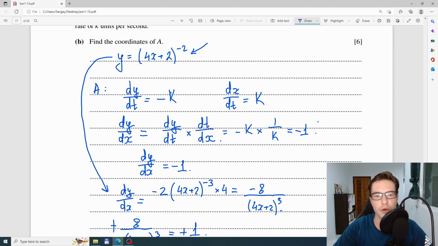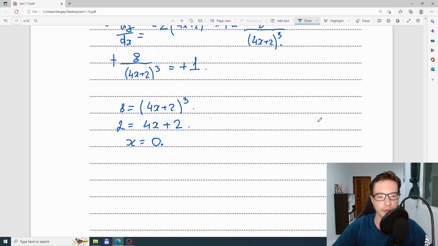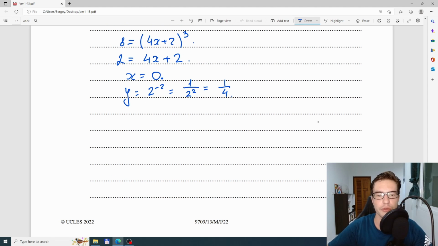And we'll get y equals 2 to the power of minus 2, which is 1 over 2 to the power of positive 2, or 1 over 4. Okay, these are two coordinates of the point A. So the answer is (0, 1/4).